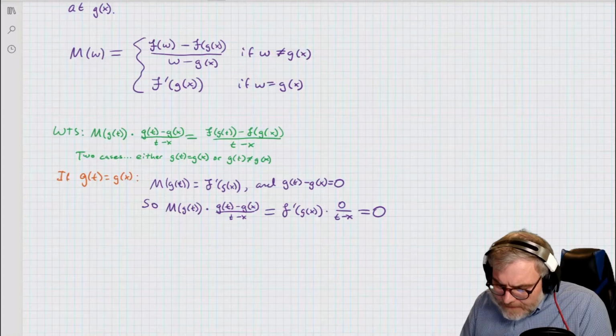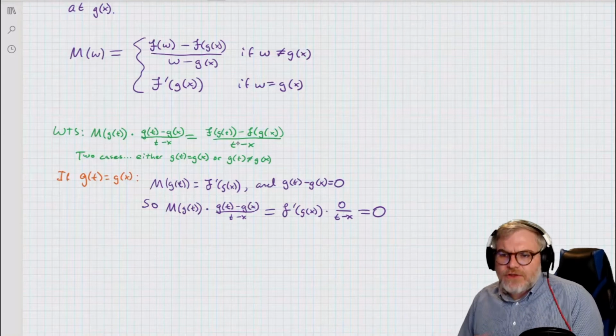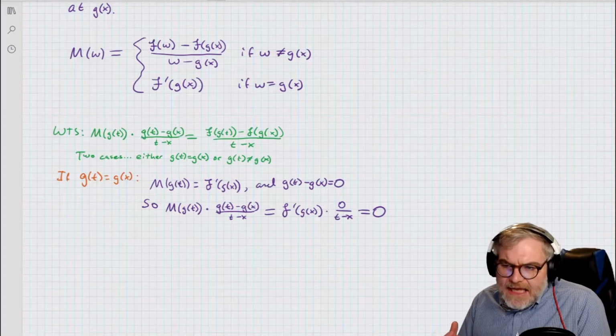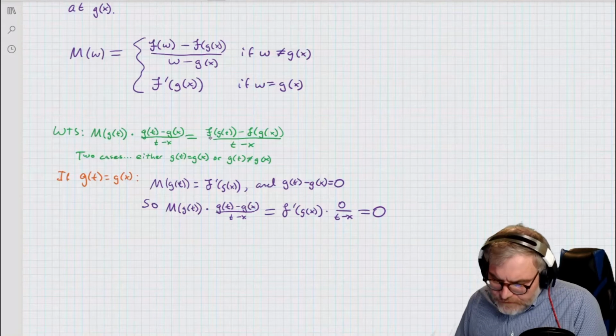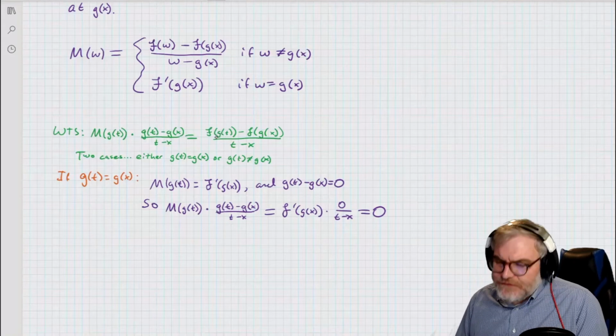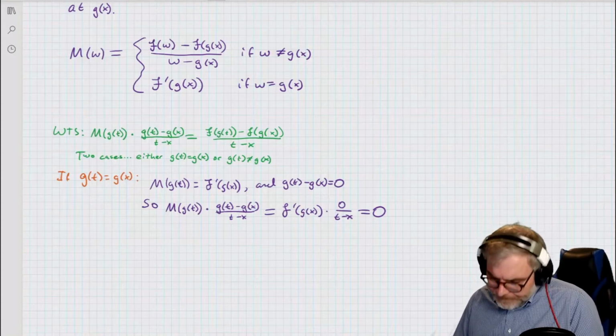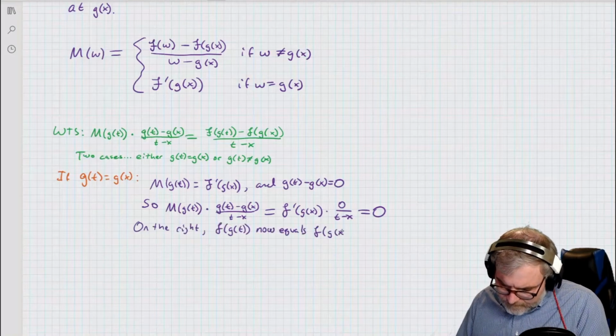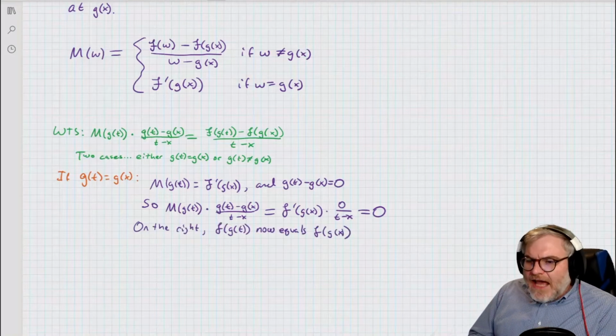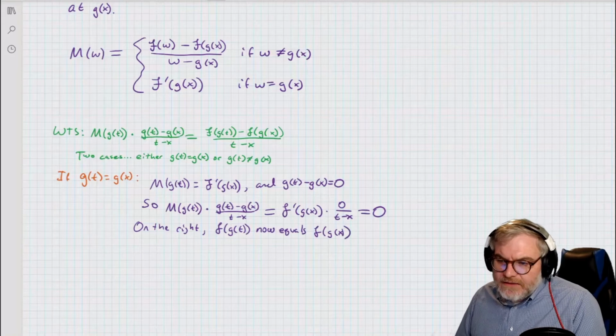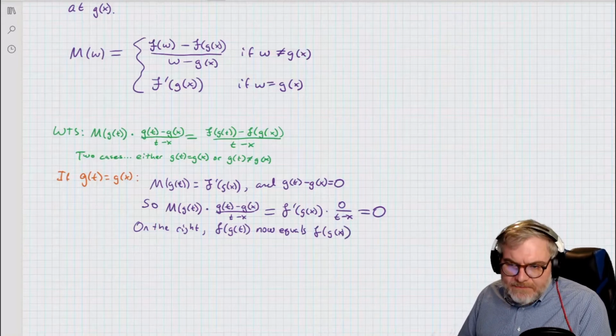But notice what happens to the right-hand side. The right-hand side goes to 0 too, because f of g of t is now f of g of x. They're equal to each other. G of t equals g of x, so f of g of t now equals f of g of x. I'm evaluating the function at the same number.